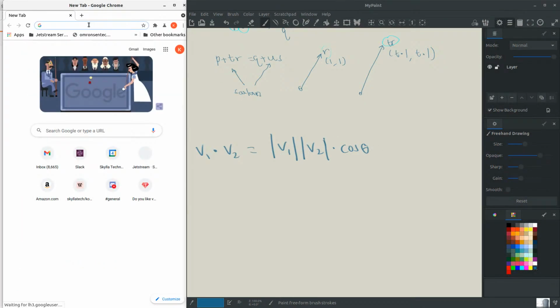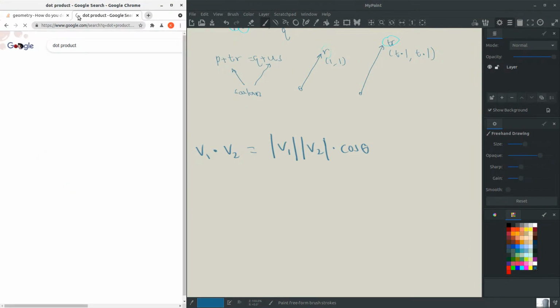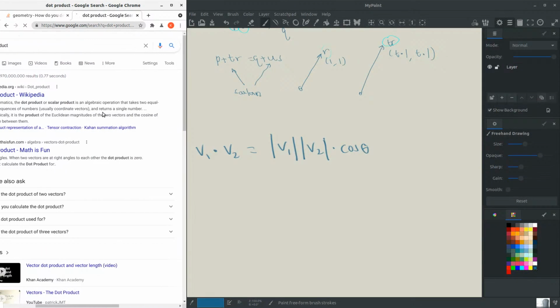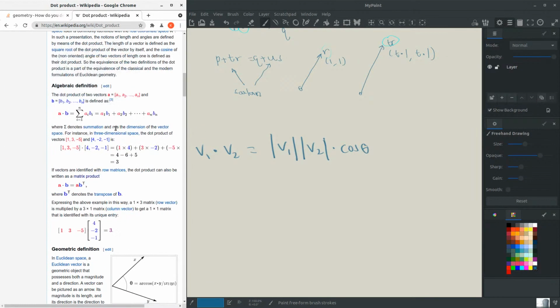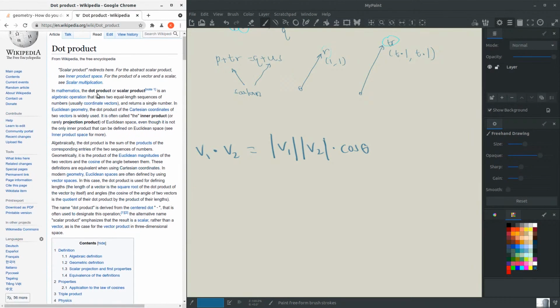Let's actually take a quick look. Dot product. Right, so we have our dot product, which is, I always get these mixed up. So, yep, you just take the magnitude of both of them times the cosine, and then the cross product is the same thing, but with a sign instead.